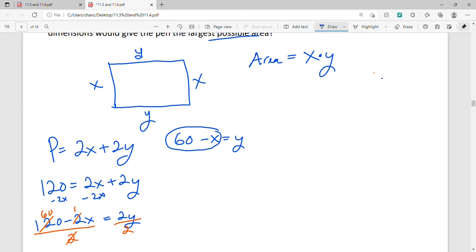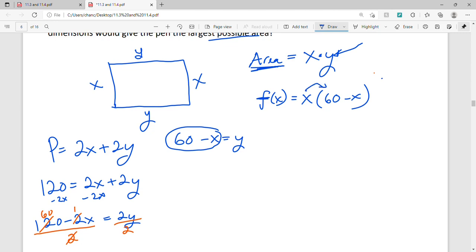That means I could replace my area function, let's call that f of x, with x times y, but instead of y, let's get rid of this y and replace it with 60 minus x. So our function that represents the area is f of x equals x times 60 minus x.